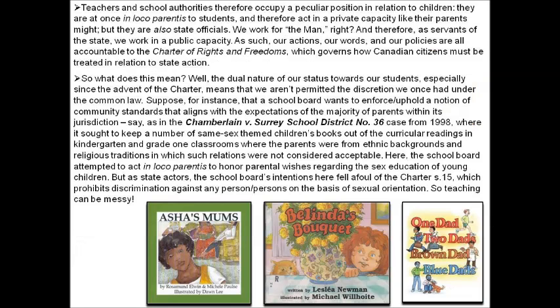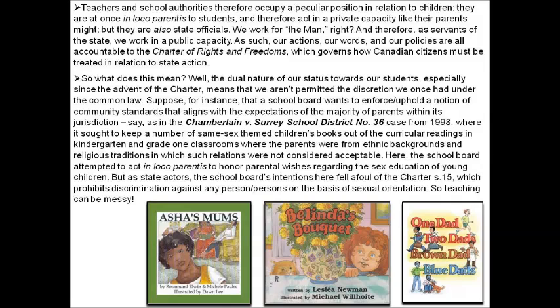Okay, so teachers and school authorities, therefore, occupy a peculiar position in relation to children. They are at once in loco parentis to the students, and therefore act in a private capacity like their parents might, but they're also state officials.